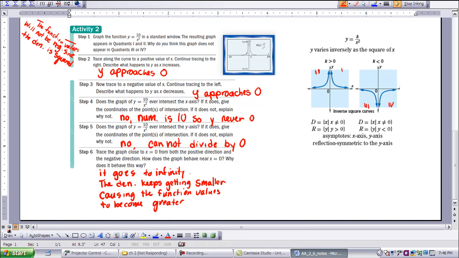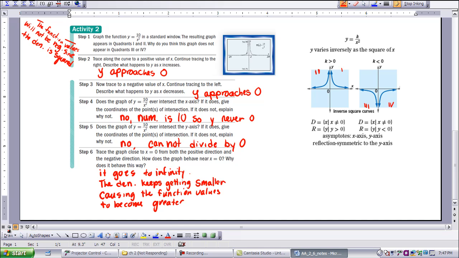And the range this time, instead of being quadrants 1 and 2 where they were positive values, it lands in quadrants 3 and 4 where our y values are going to be negative. They just can't equal 0. So our range is y values less than 0, and our x values are all values of x except 0.